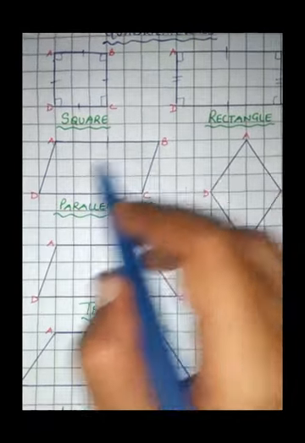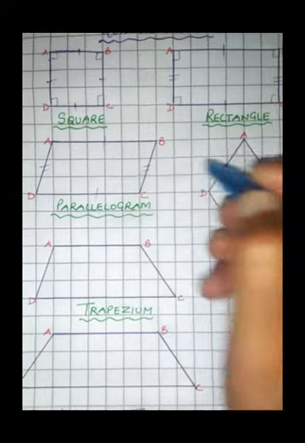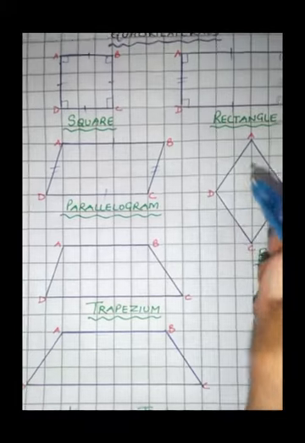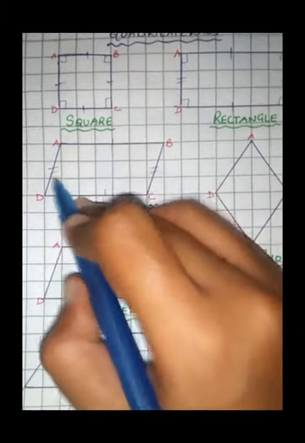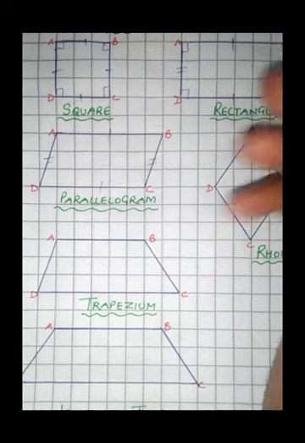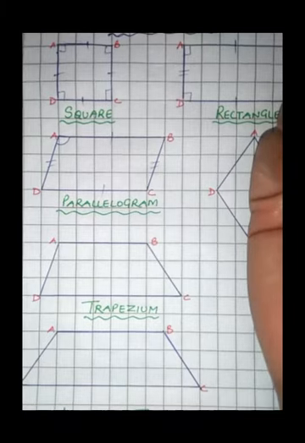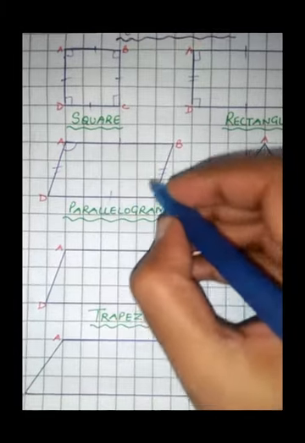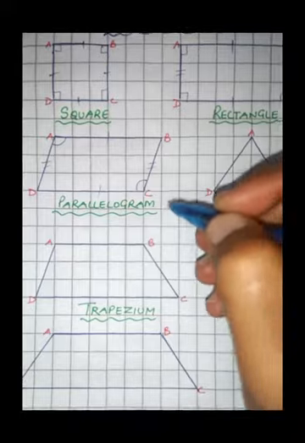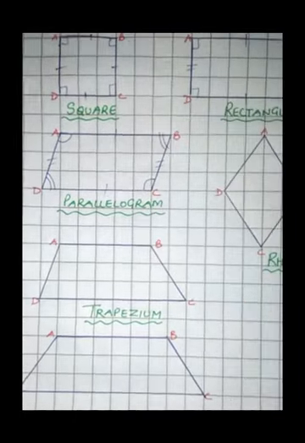That means AB is equal to DC and AD is equal to BC. Now what about the angles? Here as you can see, the angles are not 90 degree. They are not right angles. In a parallelogram we have opposite angles equal, like angle A will be equal to angle C and angle D will be equal to angle B.